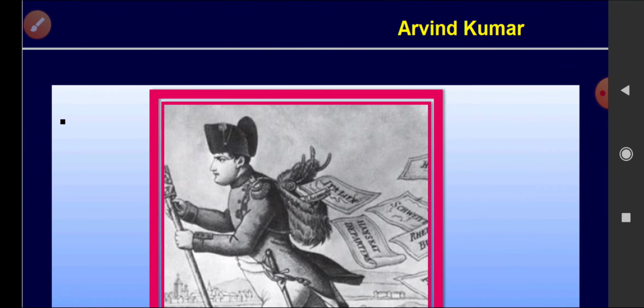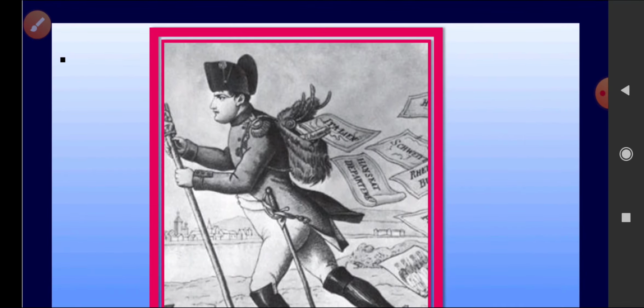Now you will see another picture of a famous dictator, a famous emperor of France, who brought new changes for the people of France. Not only in France, he brought these changes and feelings to other parts of the world also.